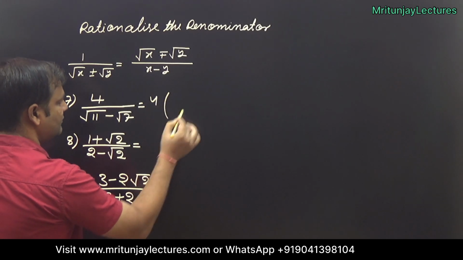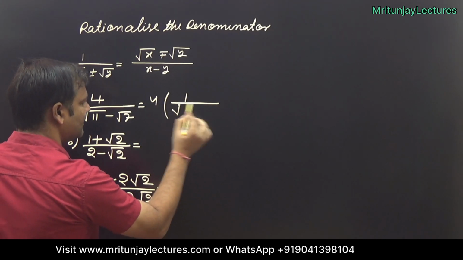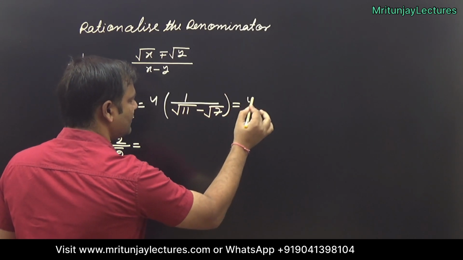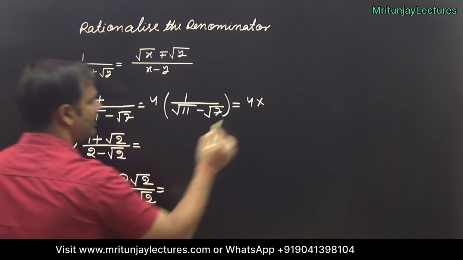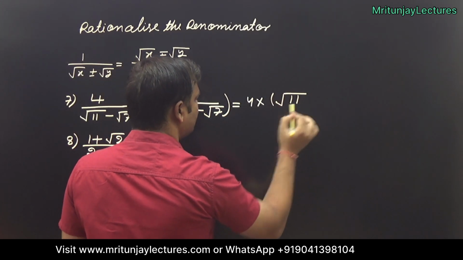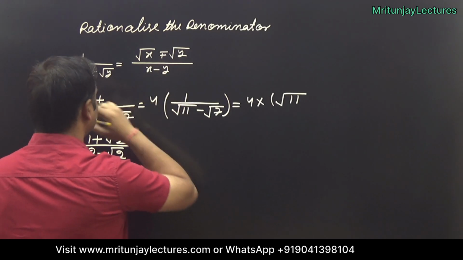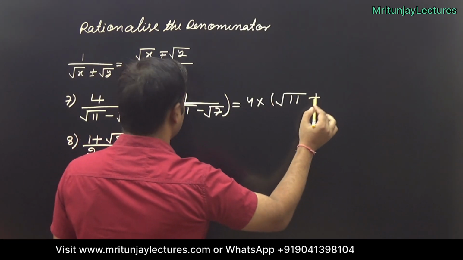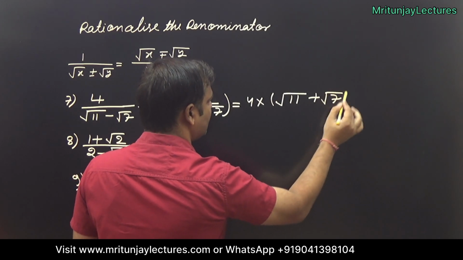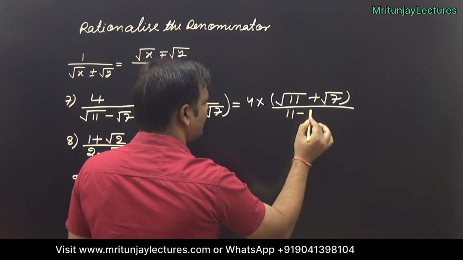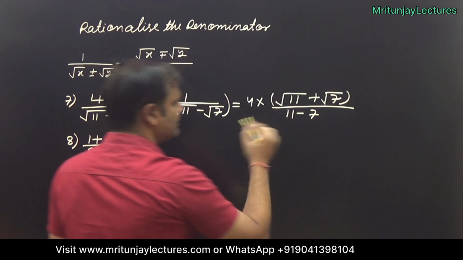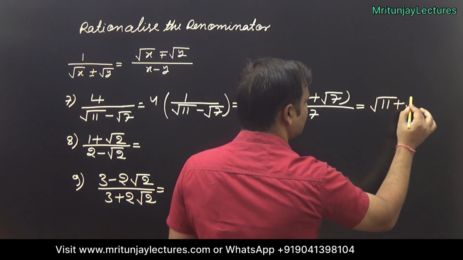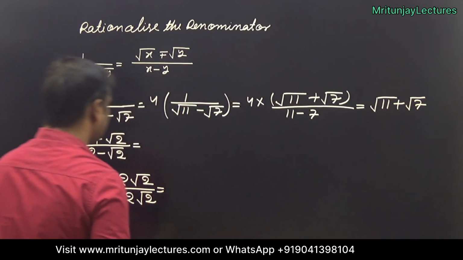So if you use it directly, 4 into root 11 plus root 7 divided by 11 minus 7. So that is 4. So simply root 11 plus root 7 is the right answer.